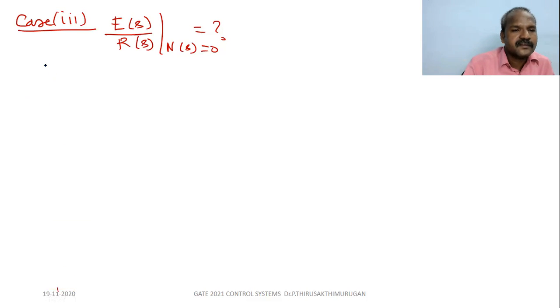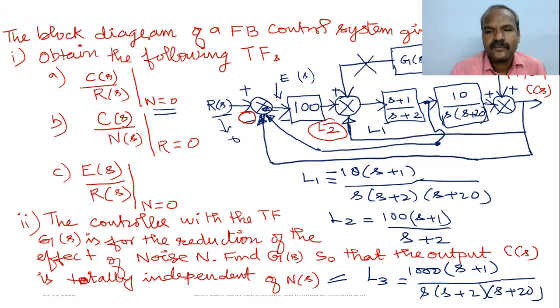How many forward paths are there when E of S to R of S? Starting from this, only one forward path, E of S to R of S. Clear? That forward path gain is also 1. So then what is delta 1? What is delta?